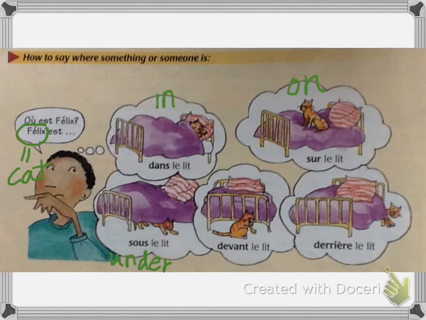Devant le lit means in front of. And derrière means behind. Now, derrière isn't just used for behind like the preposition of place, but also if you're sitting down right now, you're sitting on your derrière. So your bottom is also called derrière in French.